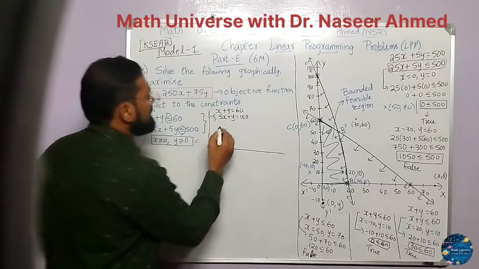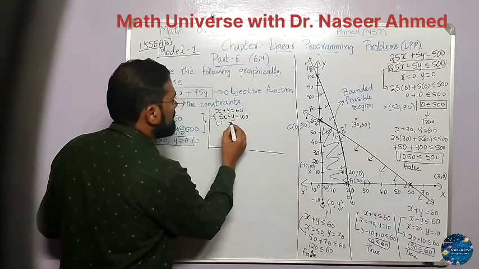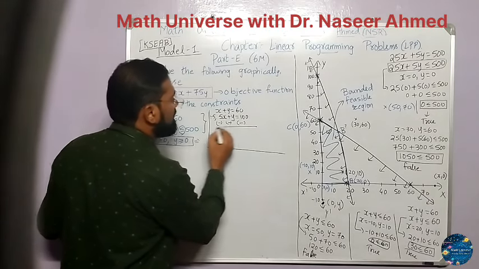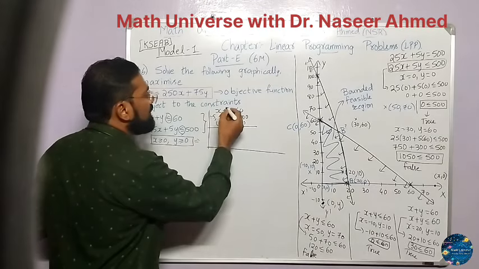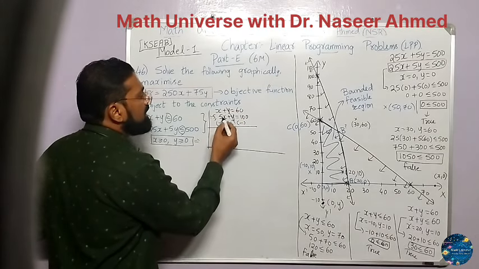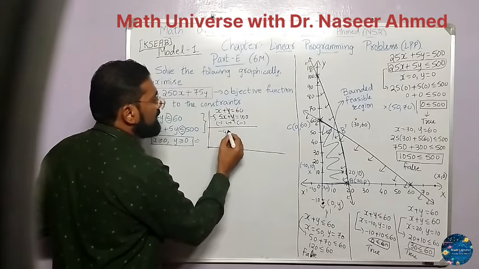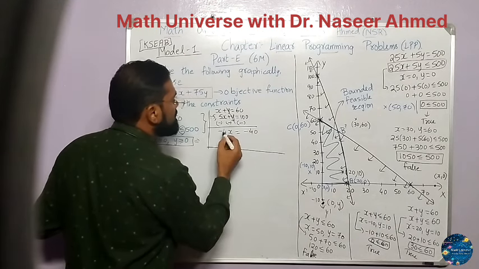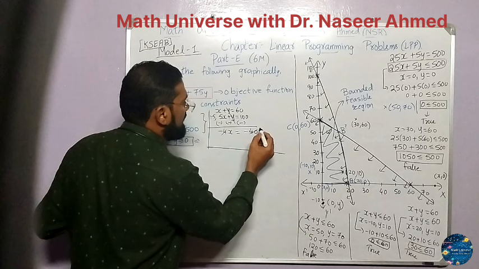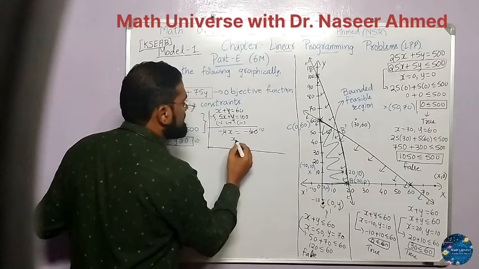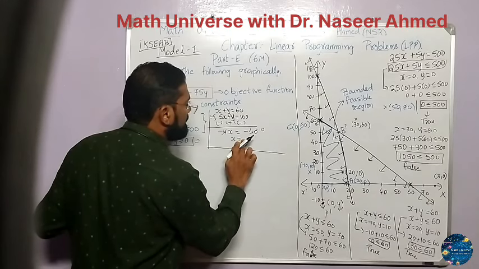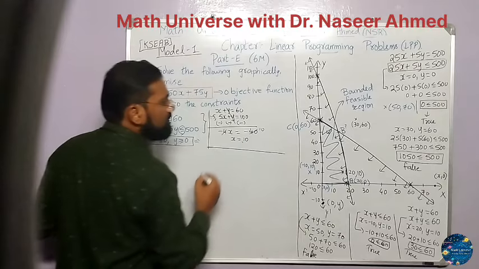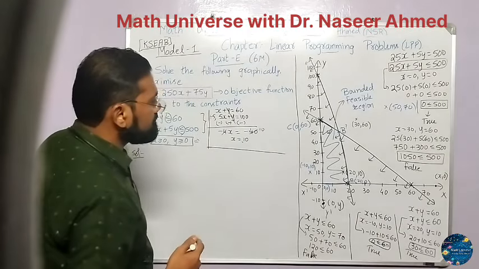Yes, now elimination method is what? Change the sign here. If you have plus, change to minus. If you have minus, change to plus. Plus y minus y will get cancelled. x minus 5x will be minus 4x, and this will be minus 40. So 4 ones are 4, 4 tens are 40. So we are going to have x is equal to 10.